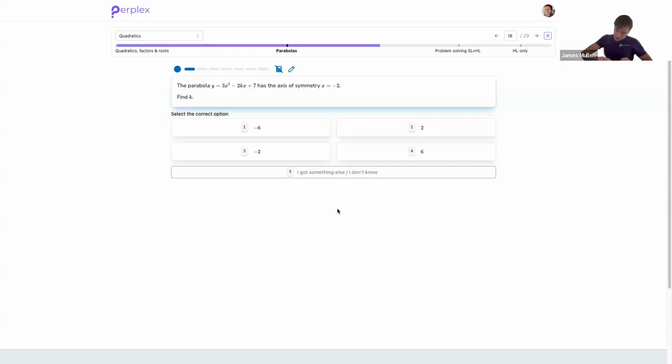So the axis of symmetry is x equals negative b over 2a, or in this case, negative 2k over 2 times 3, that's 2k over 6, and that's supposed to be equal to minus 2. So that means 2k is equal to minus 12, k is equal to minus 6.